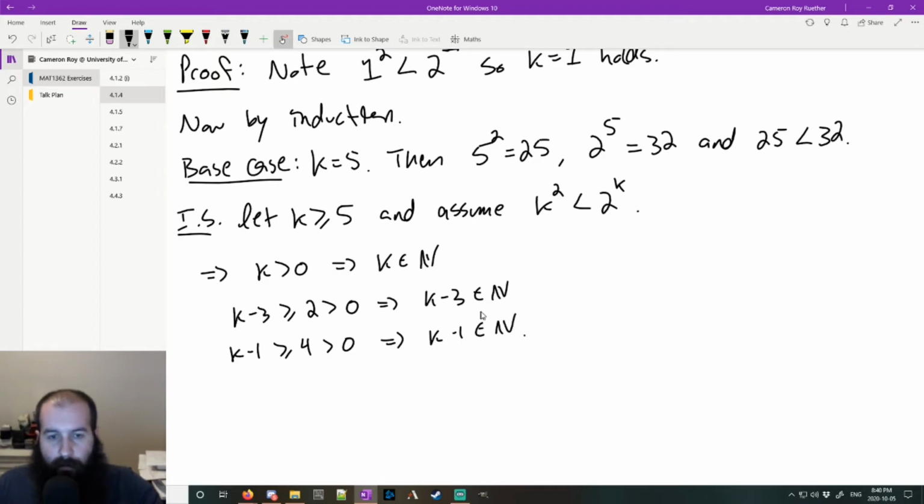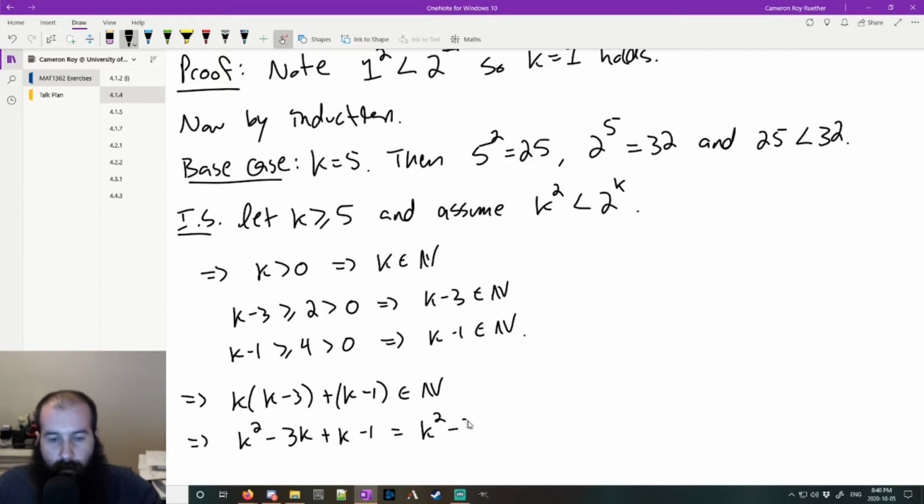Since we have these 3 natural numbers, we can build a new natural number out of them using closure. In particular, I'm going to consider this one. k times (k minus 3) plus (k minus 1) will be natural. And if we expand this all out, we get k squared minus 3k plus k minus 1, which is k squared minus 2k minus 1, is natural.